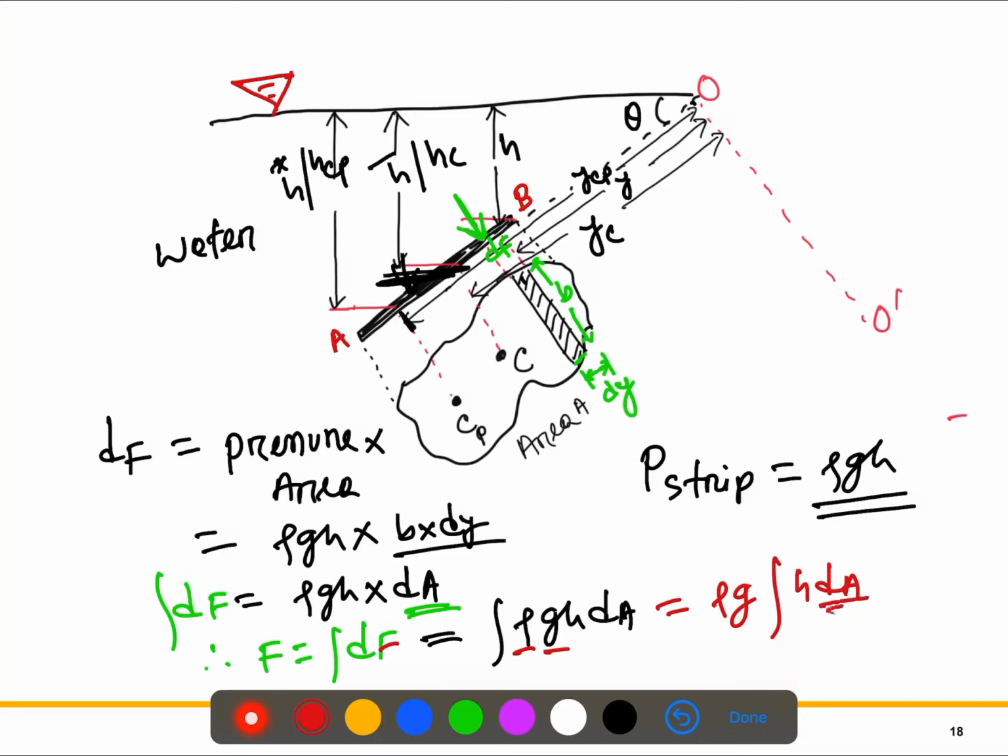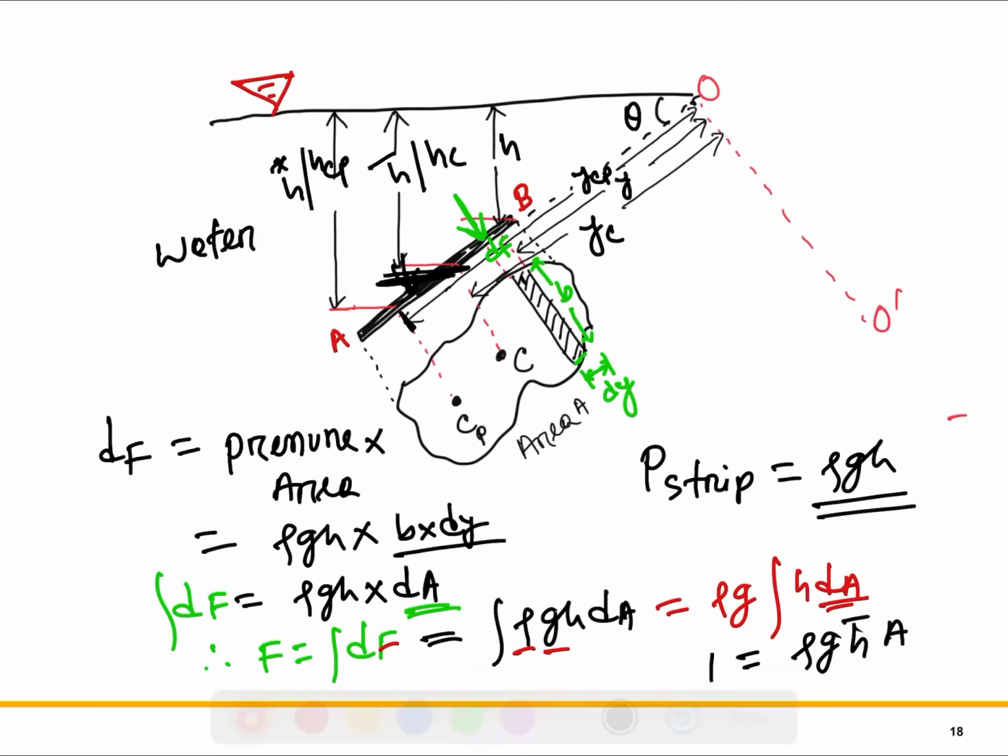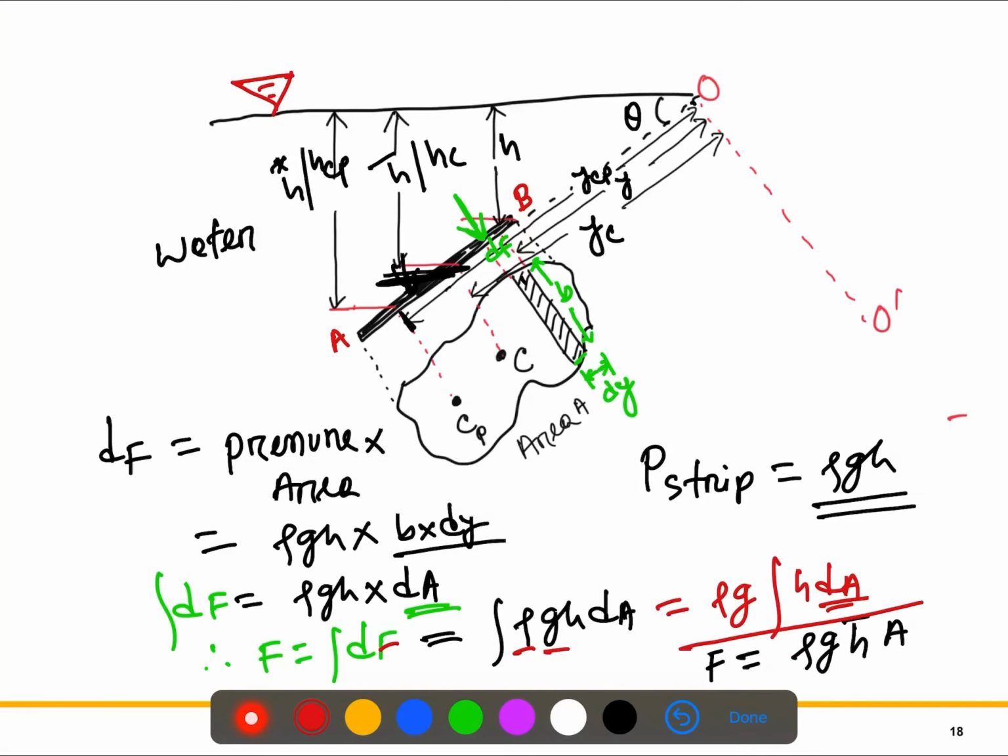If we integrate dA, it will be just A, and for h, when considering the whole domain, it will be h bar. So the force is rho g h bar A. We will use this formula again and again when we solve problems.